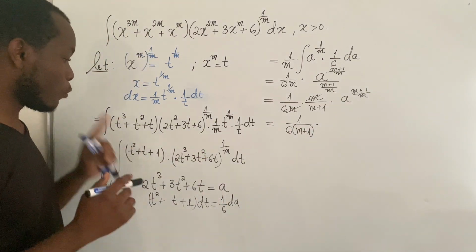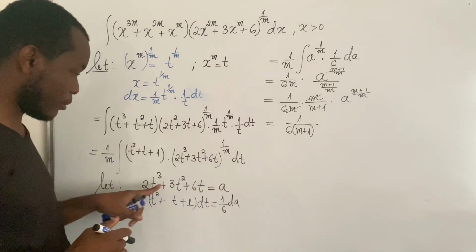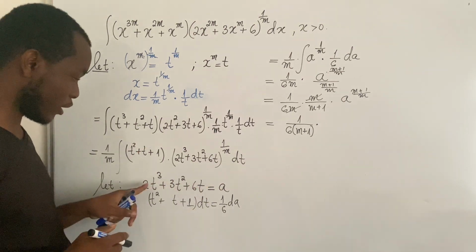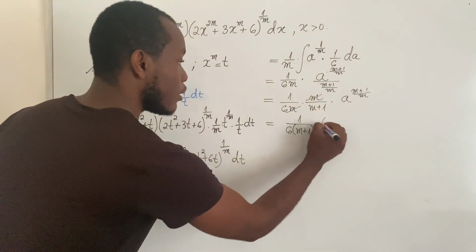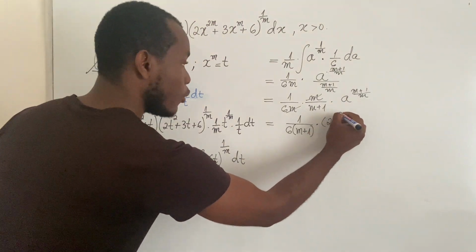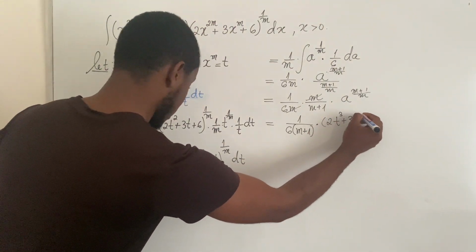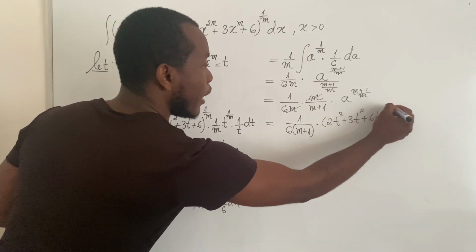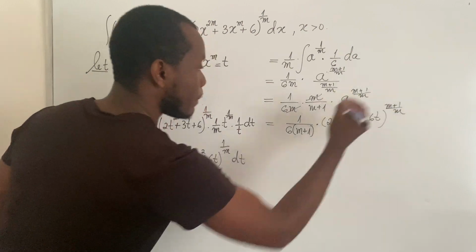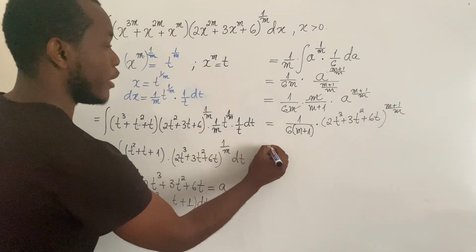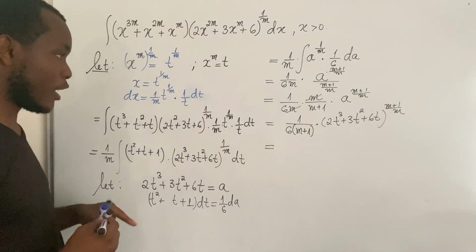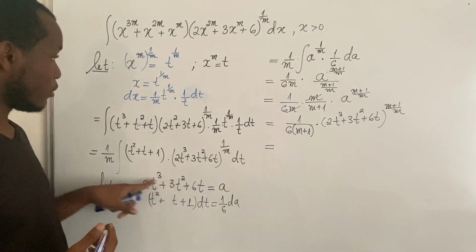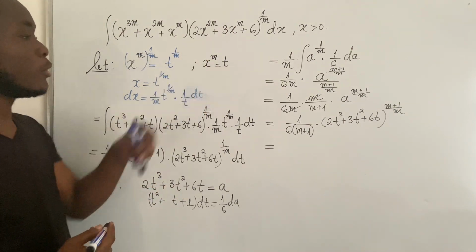But what's the value of a? The value of a, we let from the beginning, which is this expression: 2t cubed plus 3t squared plus 6t, to the power m plus 1 over m. But that's not the final result. What's the value of t? We let t be equal to x to the power m.